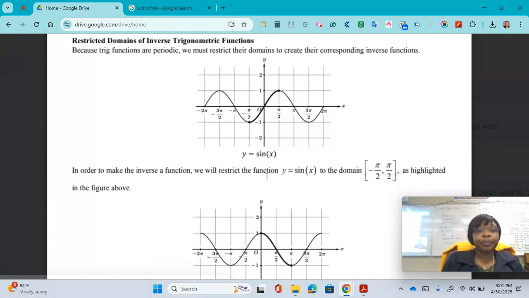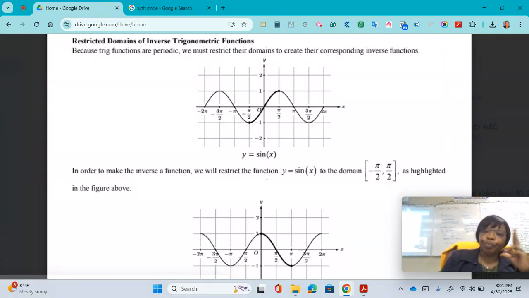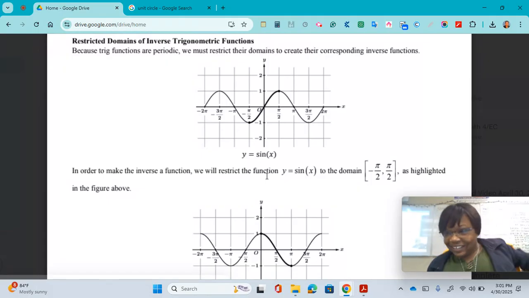All right, restricted domains of inverse trigonometric functions. Because trig functions are periodic, we must restrict the domains to create their corresponding inverse functions. I have to restrict it because we know that it works in a wave.